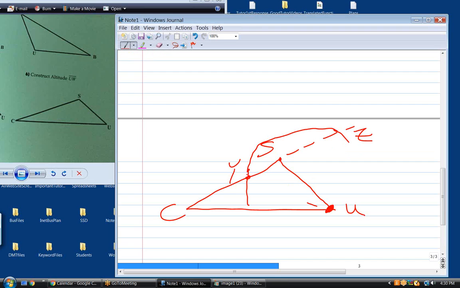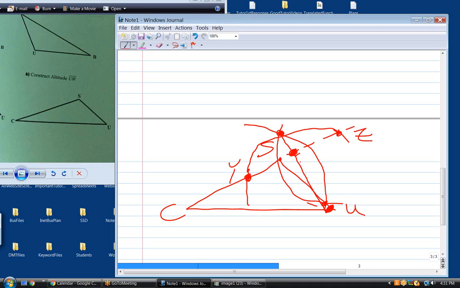Well, I put the needle on Y. I draw an arc like that. I put the needle on Z without changing the distance. I draw an arc like that. Connect the 2 intersection points with a straight line. And that point is the midpoint between Y and Z.